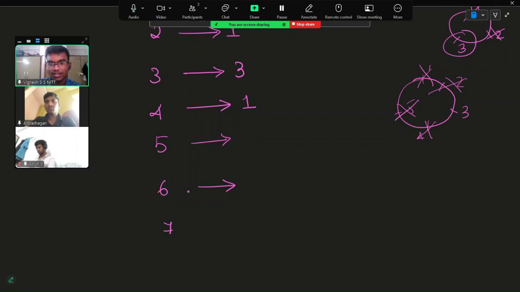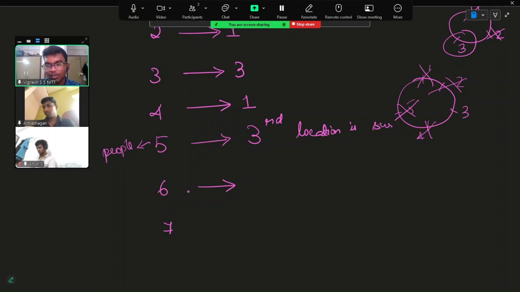So 3 is the survivor. Is there any doubt here? You can also try in your notebook. So for 5 people, the third location is the survivor.